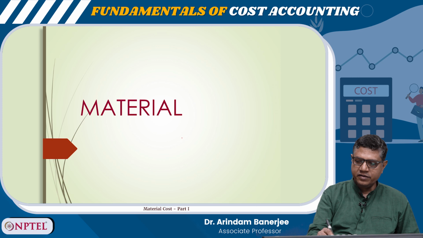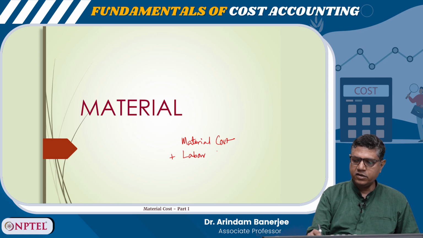Today we will start a new chapter which is based on material costing. Material, as you know, is a part of prime cost, right? So when you calculate the prime cost, it looks like this: material cost plus labor cost, right?